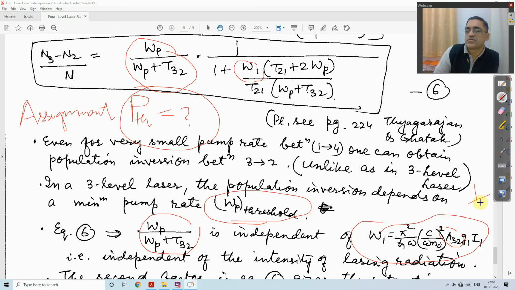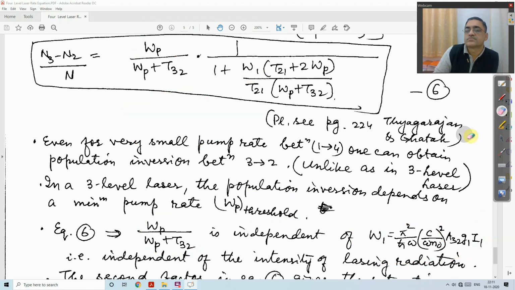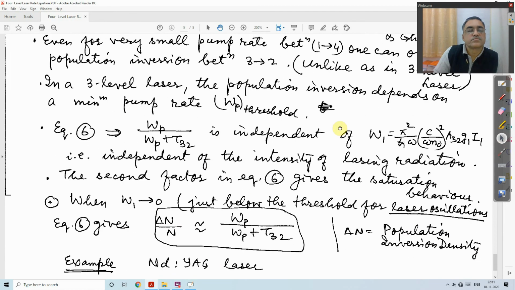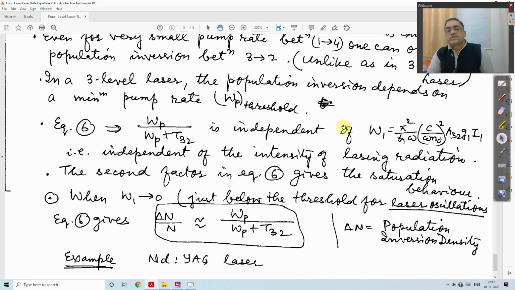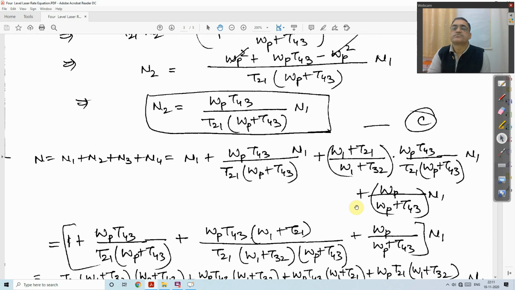But A32 is 1 over T spontaneous between 3 and 2. The second factor in equation 6 is the saturation behavior. When W1 tends to 0, we have delta N by N nearly equal to WP by WP plus T32.